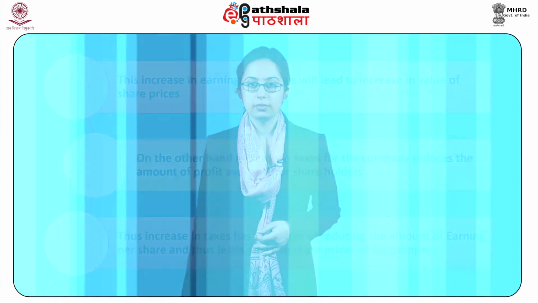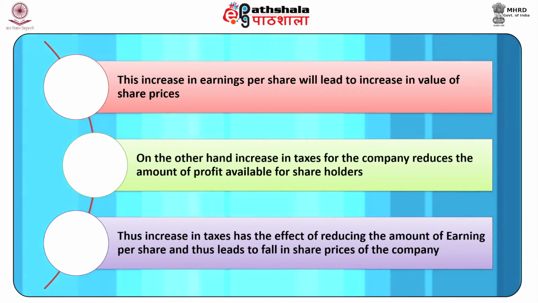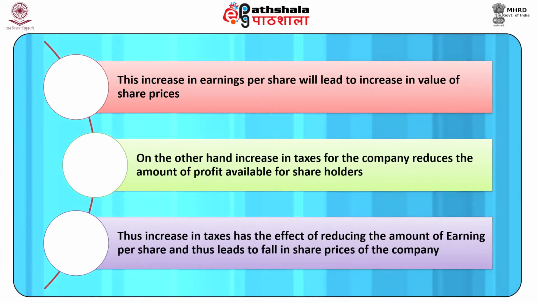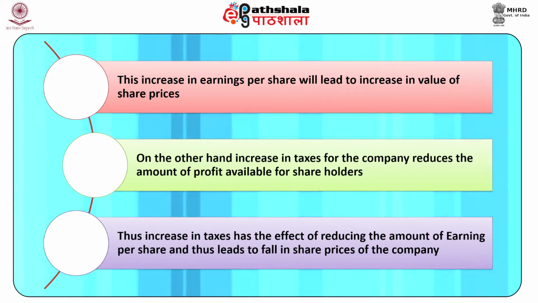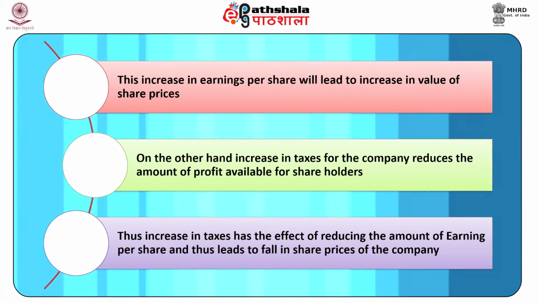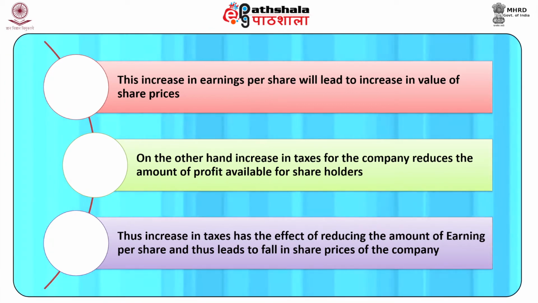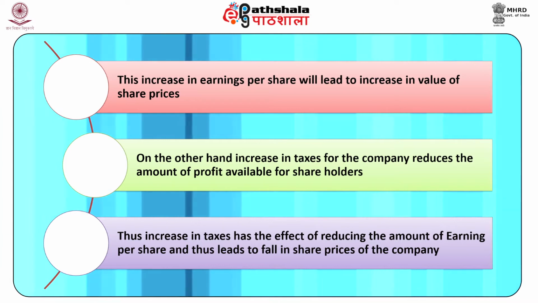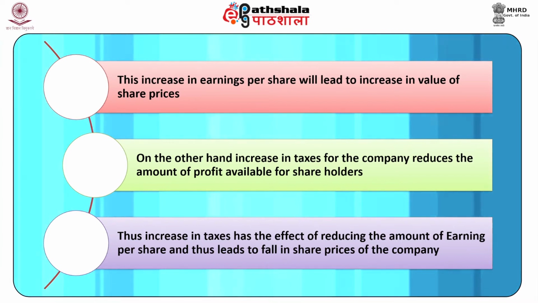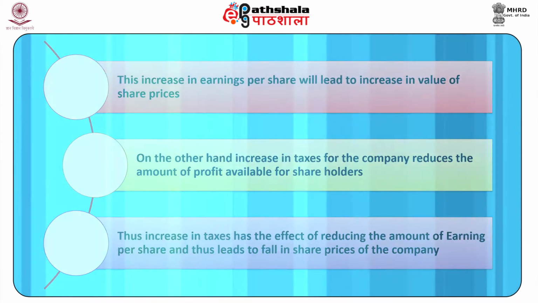The larger profit in turn leads to larger earnings per share, which will lead to an increase in value of share prices. On the other hand, an increase in taxes for the company reduces the amount of profit available for shareholders. Thus, it reduces earnings per share and leads to a fall in share prices of the company.